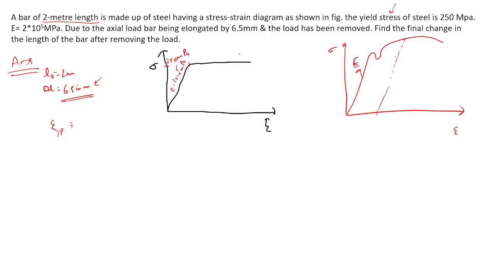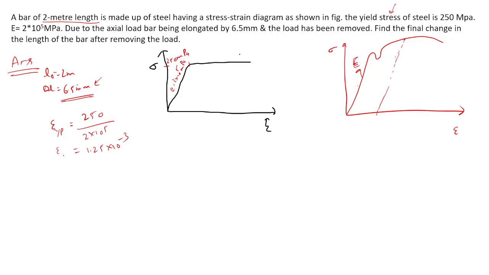Okay. So strain at the yield point, what would this be? Stress by Young's modulus. Stress is 250, Young's modulus is 2 into 10 to the power 5. Unit is the same, so we can simply get this. Strain is 1.25 into 10 to the power minus 3.